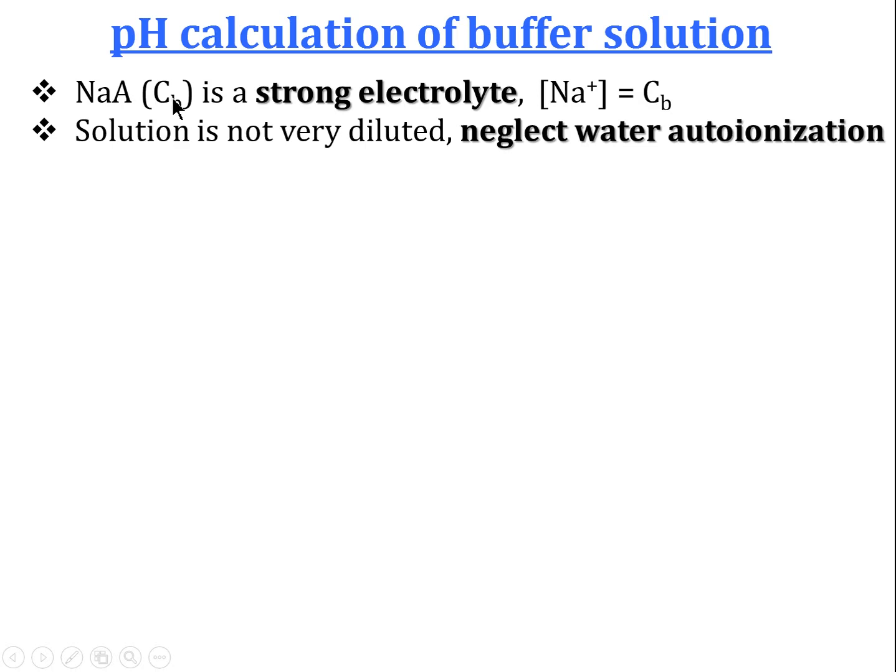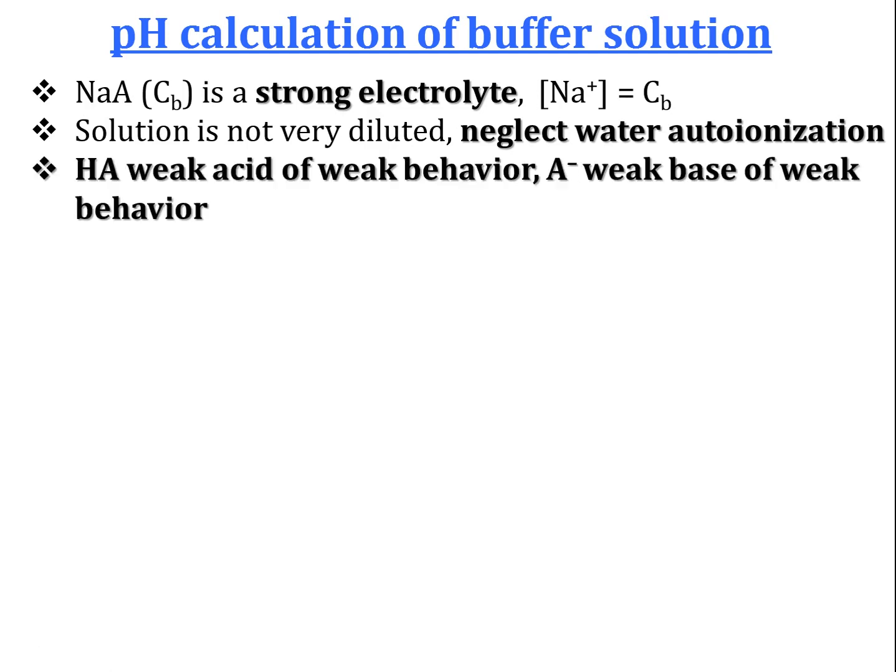We suppose in our course that the solution is not very dilute, so we neglect the autoionization of water. If the behavior of HA and A- is not given in the exercise, we suppose directly that HA is a weak acid of weak behavior and A- is a weak base of weak behavior.